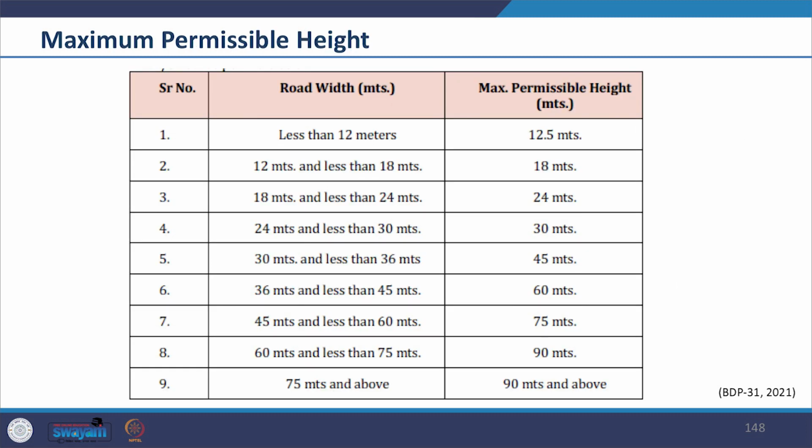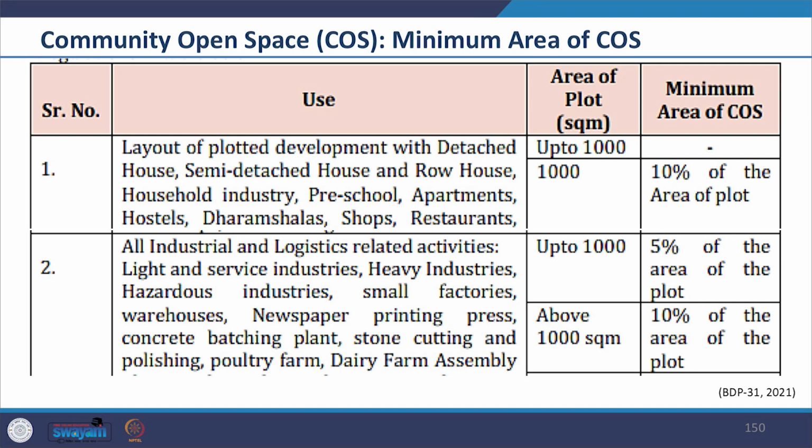Further, for density zoning, use regulation of maximum permissible height, as you can see in the table shown here. Likewise, to control the quality of space, it specifies maximum area for community open space.